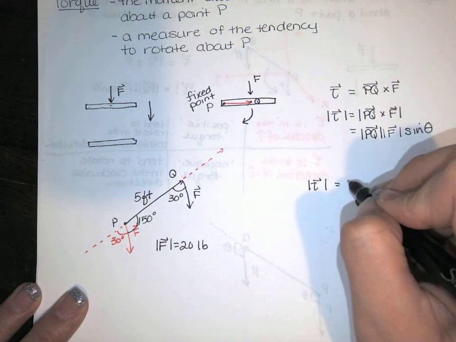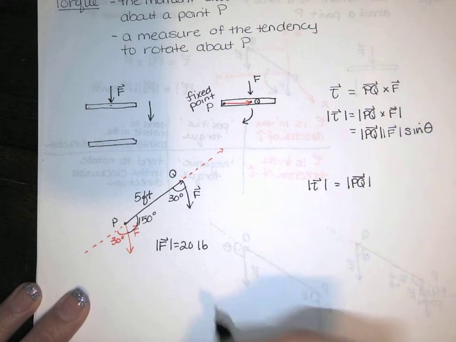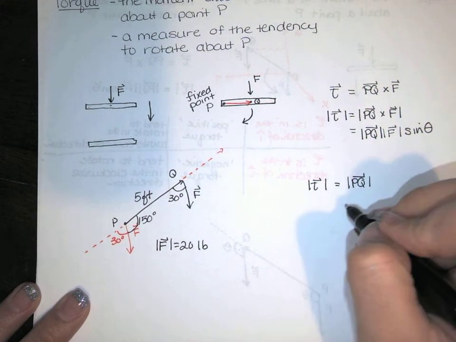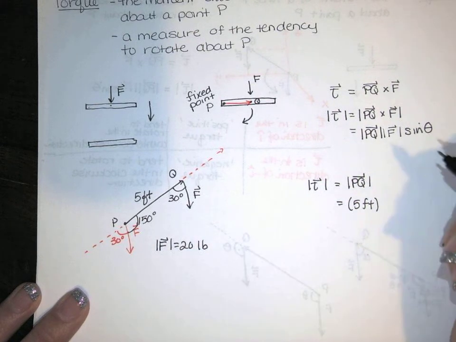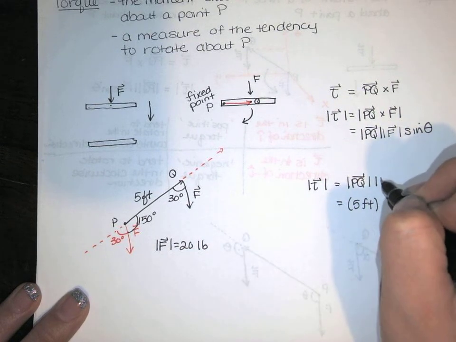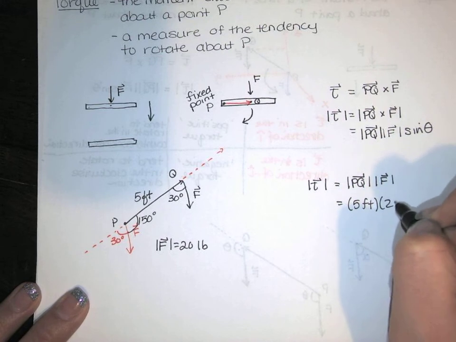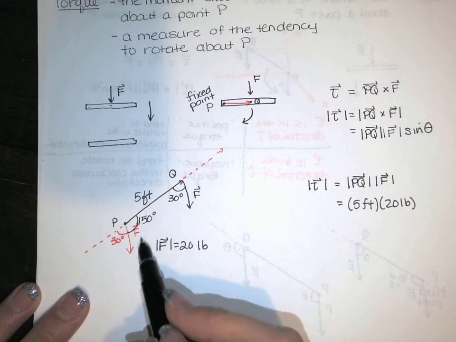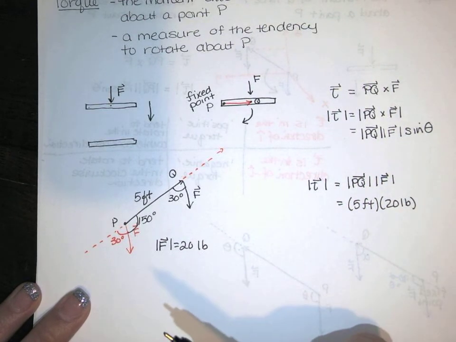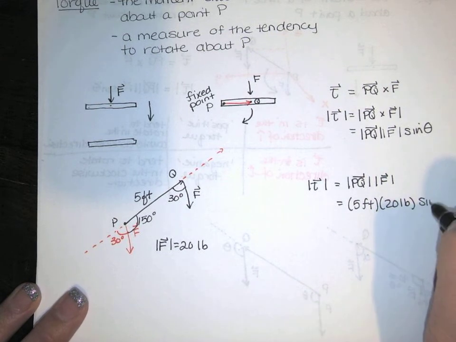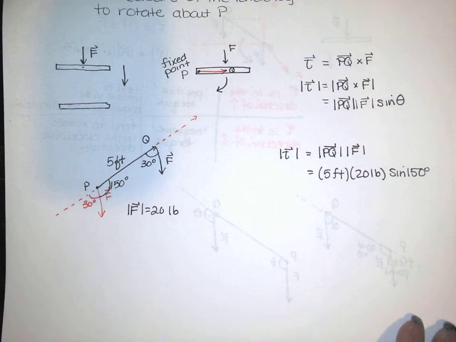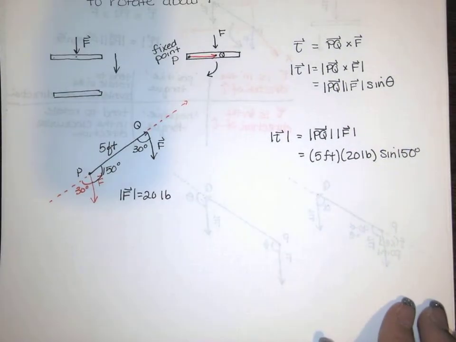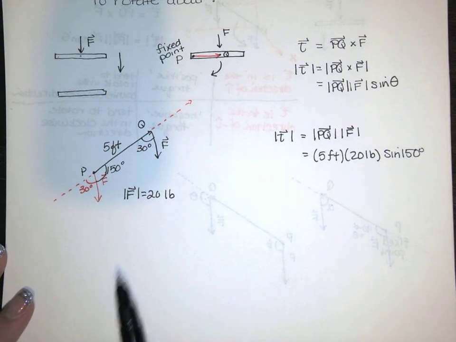I'm going to get the length of that moment arm, which in this case is 5 feet, times the magnitude of the force, which is 20 pounds, and then I'm going to multiply by the sine of the angle between PQ and F, which is sine of 150 degrees. And we could review our right triangle trig and see exactly what sine of 150 degrees is. It's really not that bad, but I don't want to get distracted by this.